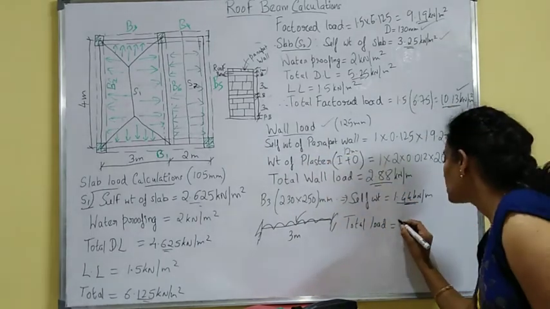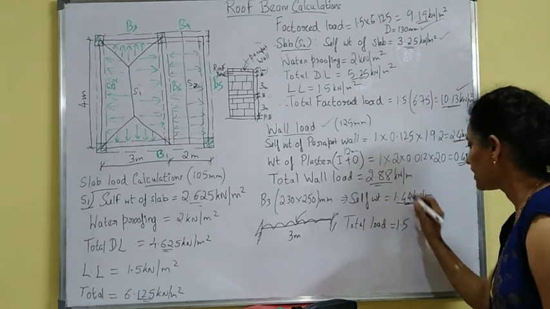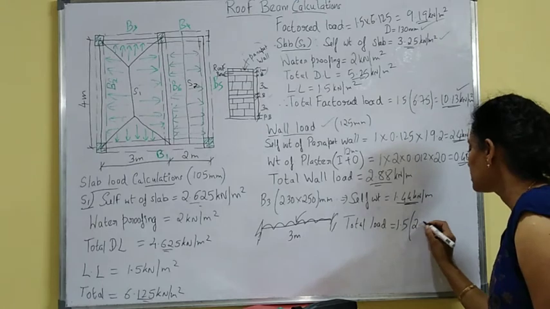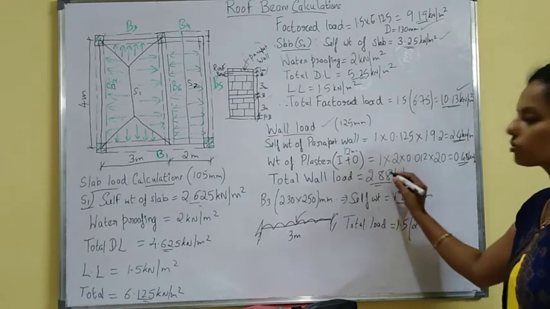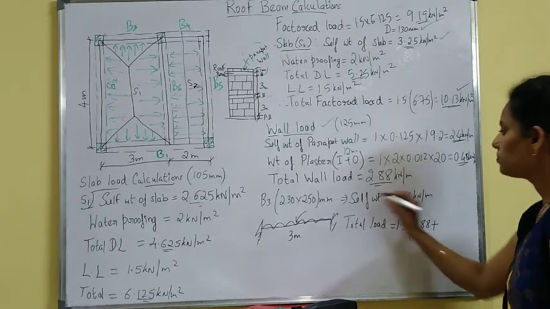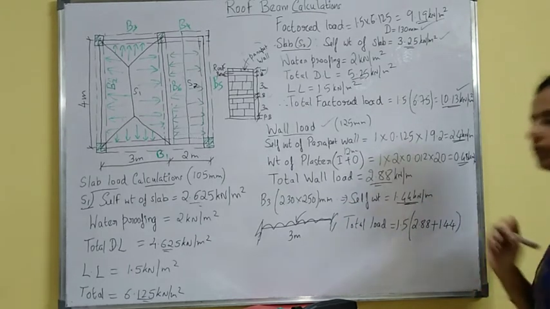I have not taken the factored load, so I am multiplying this load by 1.5. So 1.5 into 2.88 is the wall load, plus self weight of the beam, that is 1.44.